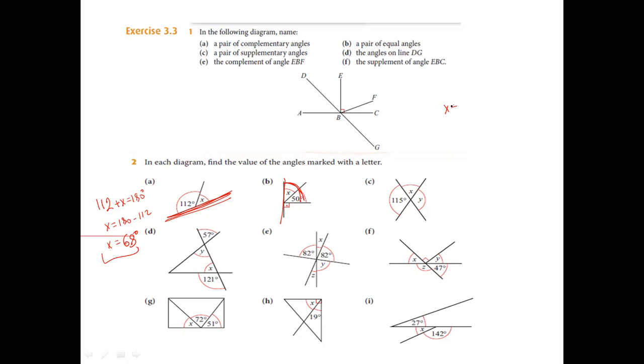So x plus 50 must be 90 degrees, because if we have a straight line the total must be 180, and here we already have 90 degrees, and here also 50. So what is x? Exactly, x is equal to 40 degrees. Okay, and I want to show you D.